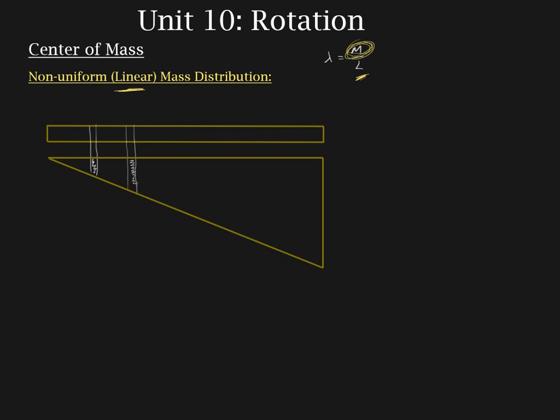You can't make assumptions about what the density looks like. In this case, we're going to say that lambda is equal to alpha x. In other words, it's going to increase by some constant amount as we go along the x-axis. And that's what we see here with this triangle. We just have the slope of this line. This is a key parameter to the problem.